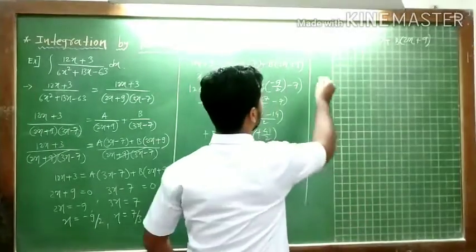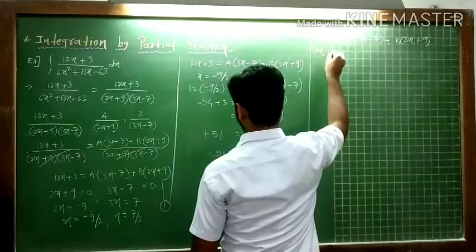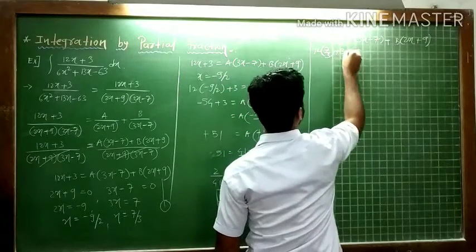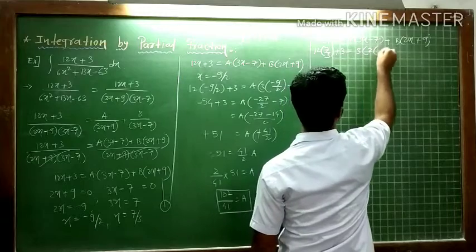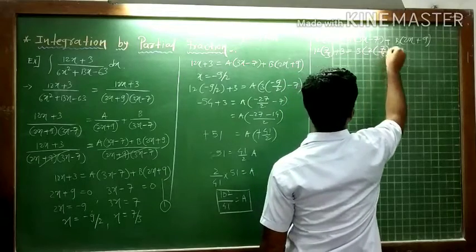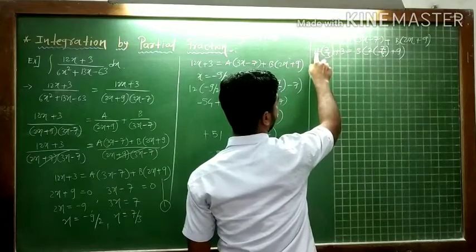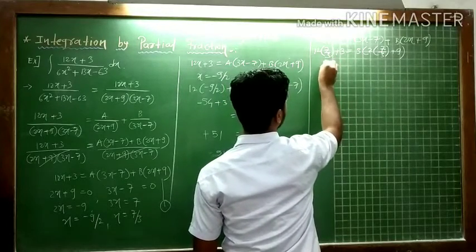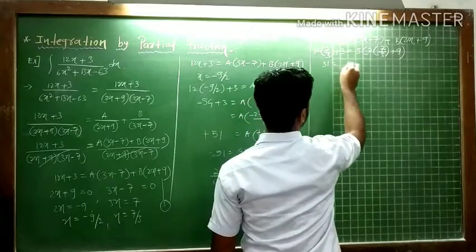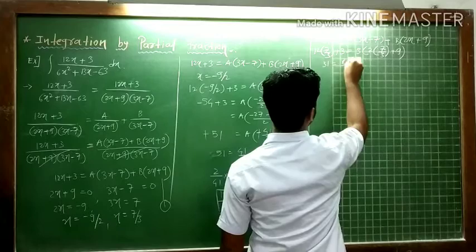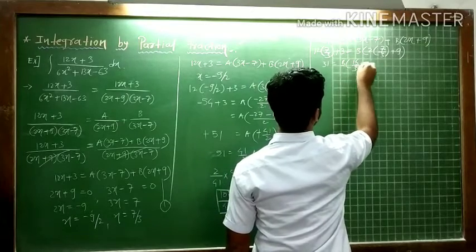So 12 into 7 by 3 plus 3 is equal to B into (2 into 7 by 3 plus 9). The 3 will divide into 12, you get 4. 4 into 7 is 28, 28 plus 3 is 31. And 2 into 7 is 14, so B into (14 by 3 plus 9).